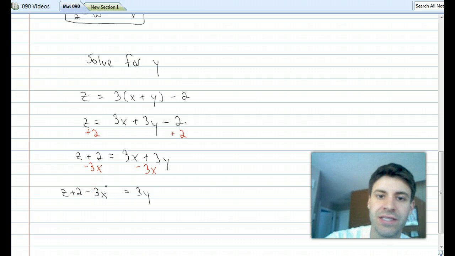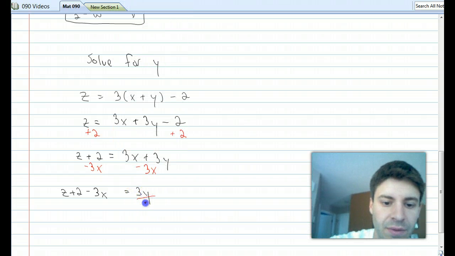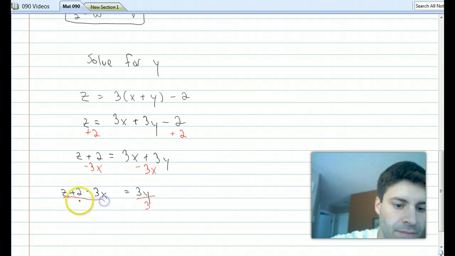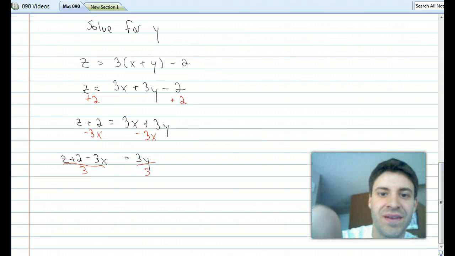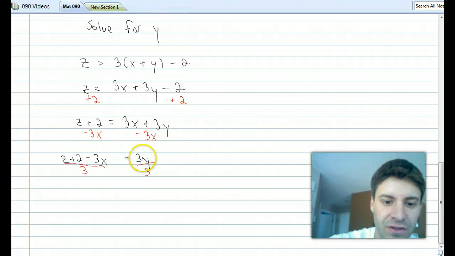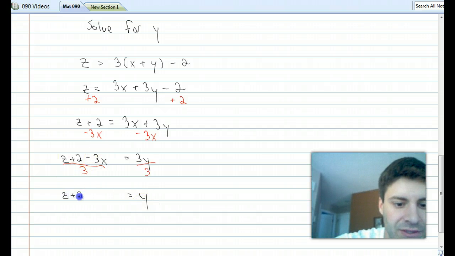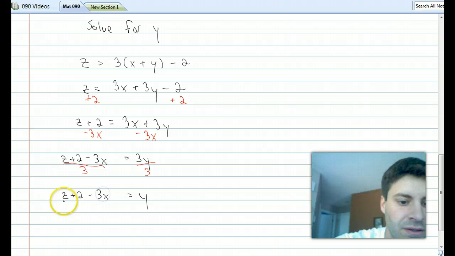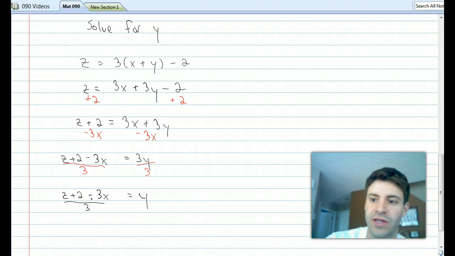And to get y by itself, our last step is just to divide by 3. On the right side, the 3 in the numerator and denominator cancel each other out. And on the left, we have z plus 2 minus 3x over 3. And that's a perfectly good answer.